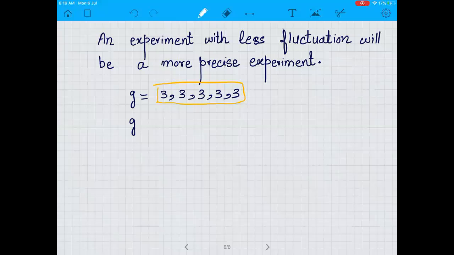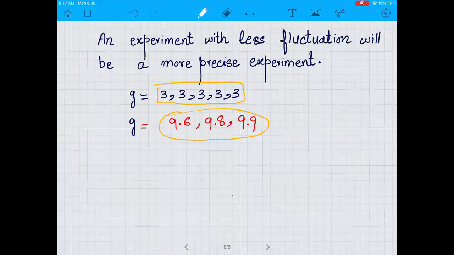So the other student calculates values, let's suppose 9.6, 9.8, then he calculates, okay, 9.9. Now you see the second student is closer to the actual value, yet he's not precise. Precision is not about validity, correctness, or being closer to the actual value. It's only about repeatability. It's only about consistency.